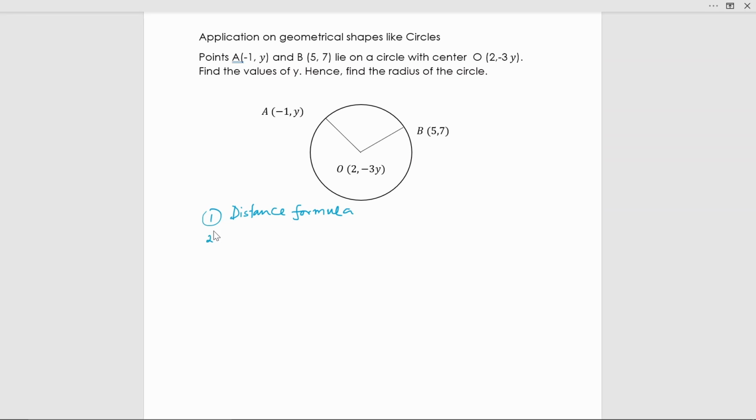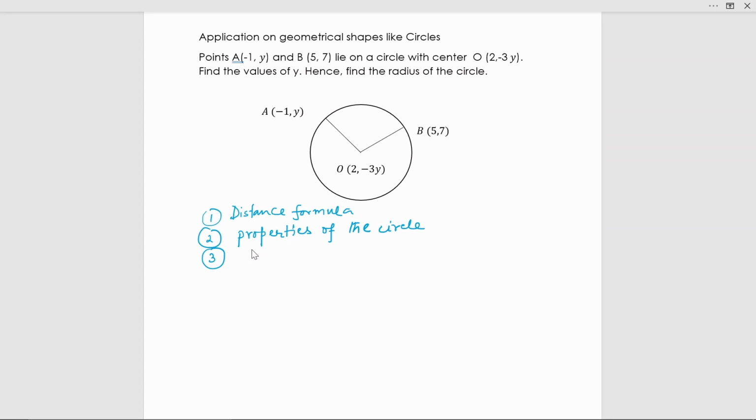And number 2, we have to use the properties of the circle. We'll see when we solve this particular problem where this property of circle is coming.